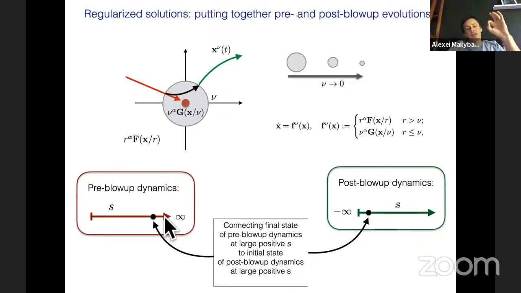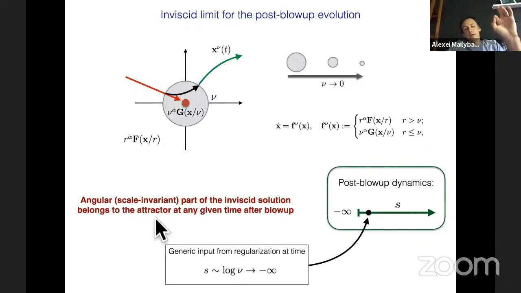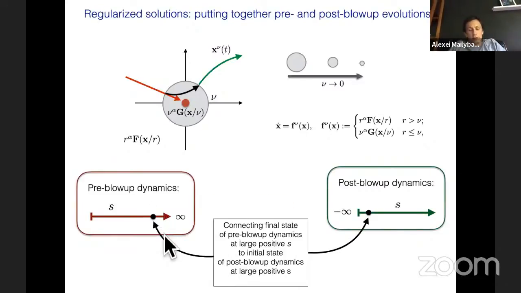And then regularization just picks some value of these dynamics at very, very large times, and connects it to some value at very, very close to minus infinity times for the post-blow-up dynamics.